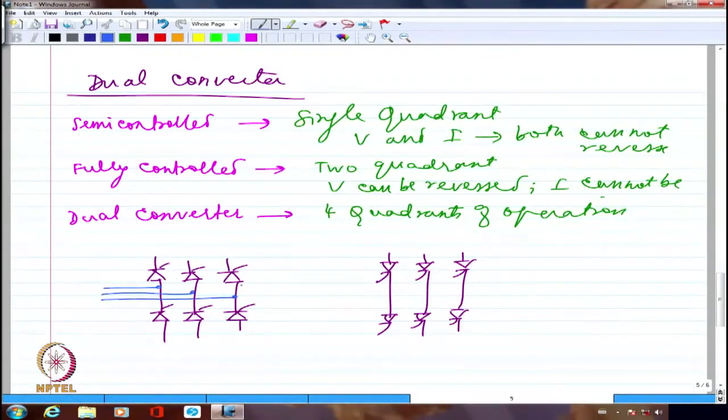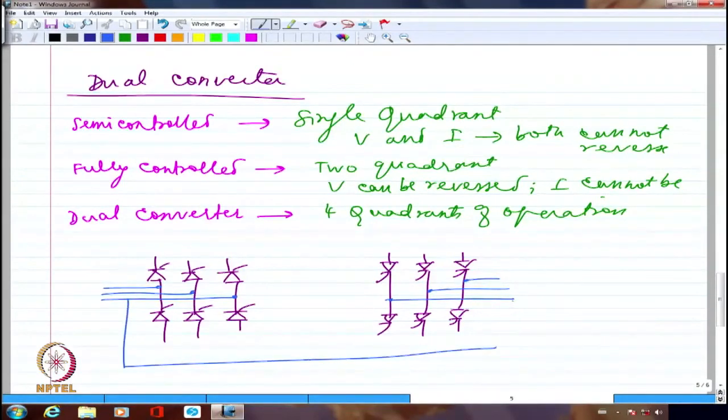The same three-phase supply will feed both, so I can simply draw the three-phase supply and connect it here, here, and here.